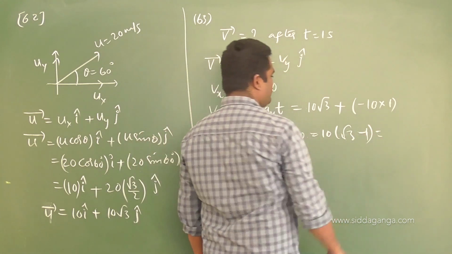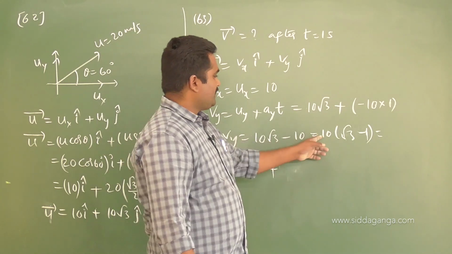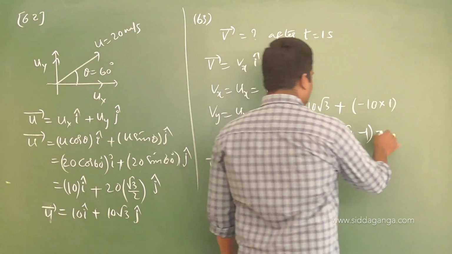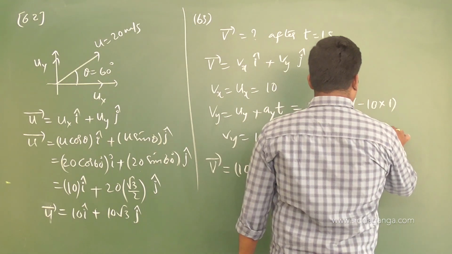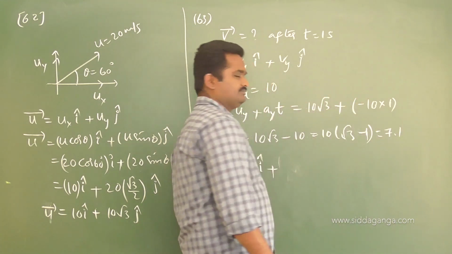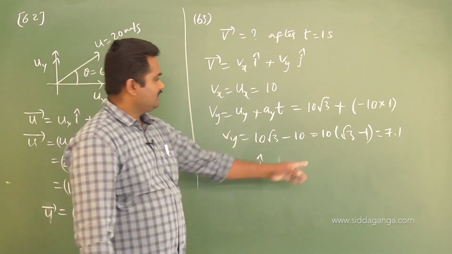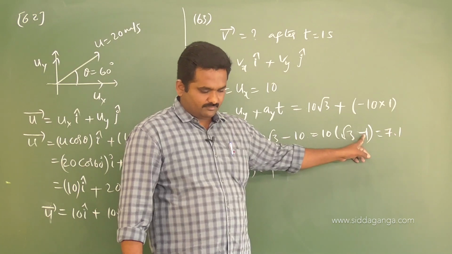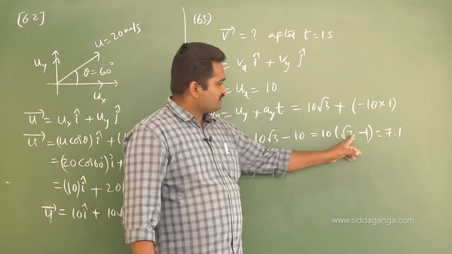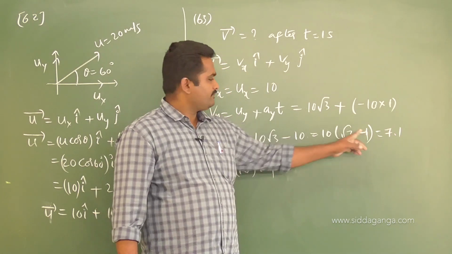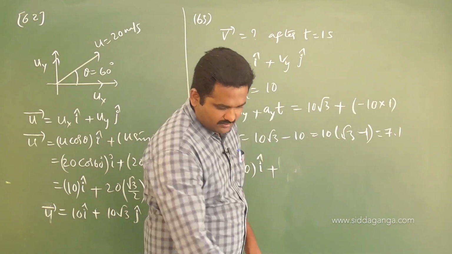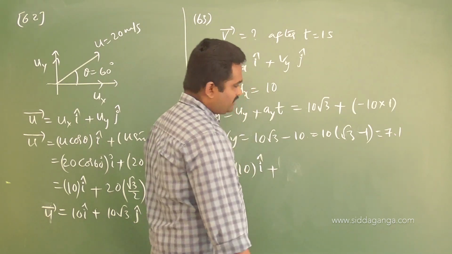Let me write root 3 value as 1.73. 1.73 minus 1 is 0.73, so 10 into 0.73 is 7.3. You will get it directly. See, root 3 is 1.73, and 1.73 minus 1 is 0.73, into 10 means you get a 7 point something value, 7.32.